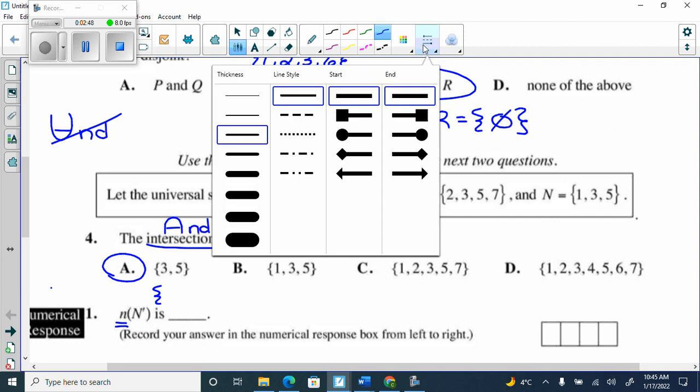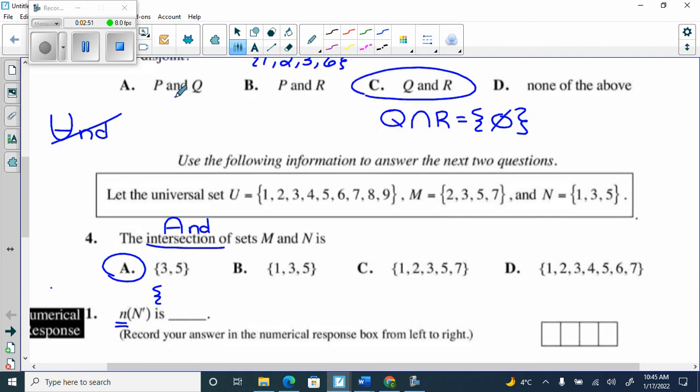So you'd say not N. If you did not N without the little n, it would go not N equals, and then you'd list 2, 4, 6, 7, 8, 9, which is great. But that wouldn't fit in a numeric response box, correct? So then they'll ask for the little n, then they want the number of elements in it, which will fit in a numeric response box, which is 1, 2, 3, 4, 5, 6.